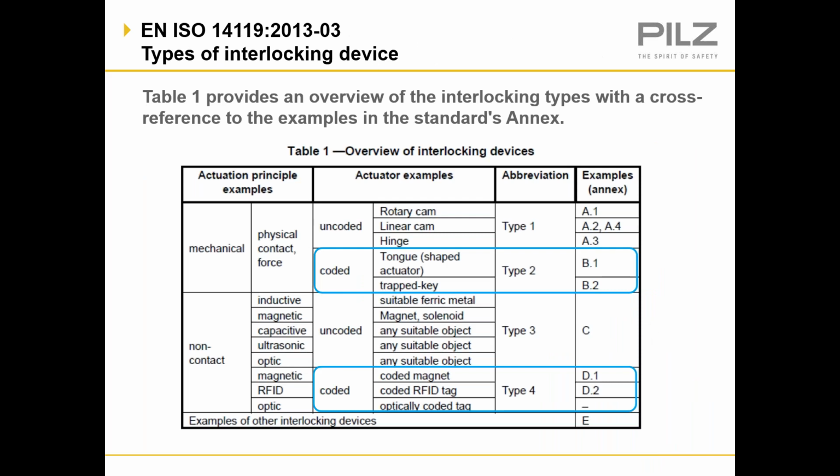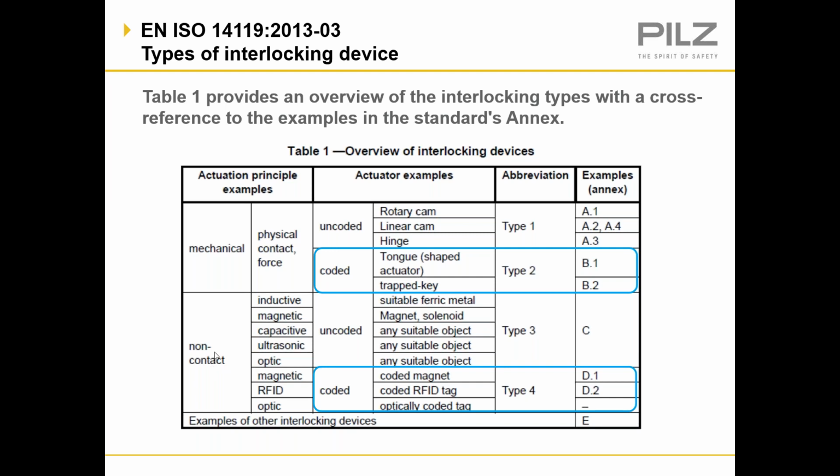So the table that we see here is Table 1 from 14119, and this provides an overview of interlocking types with a cross-reference to the examples to the standards in the annexes. And so we have the actuation principles. So these are mechanical, and they can either be physical contact or force, and they'll be either uncoded or coded, and we'll go into that in a bit more detail.